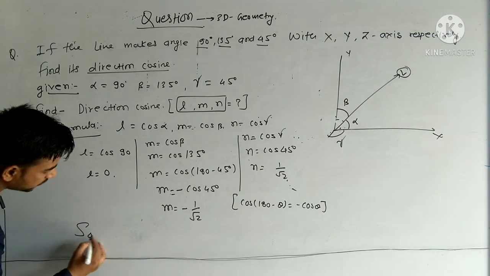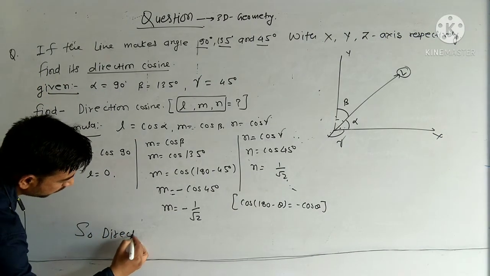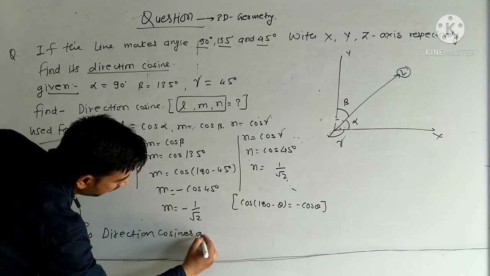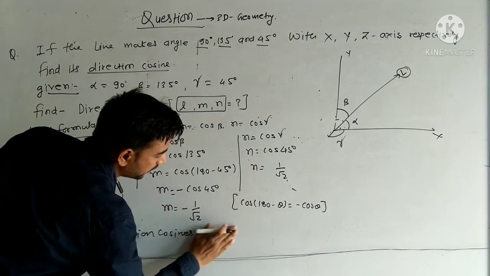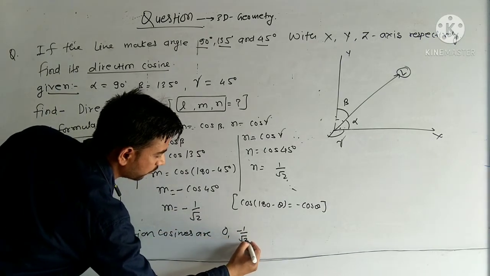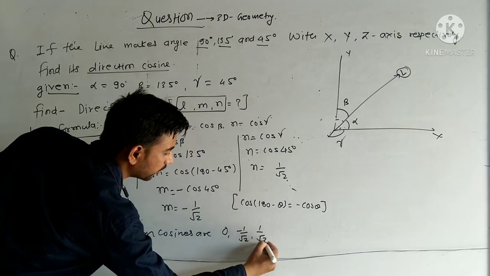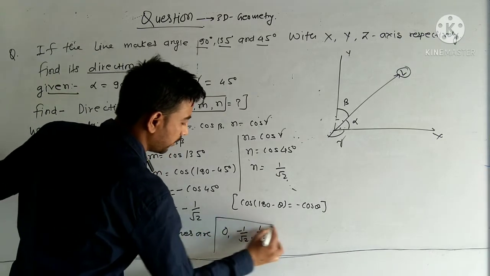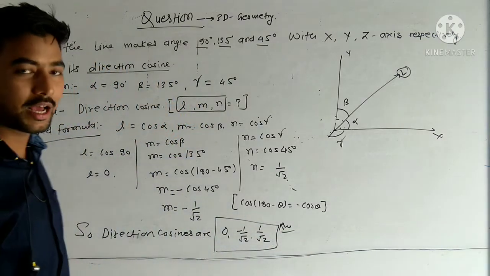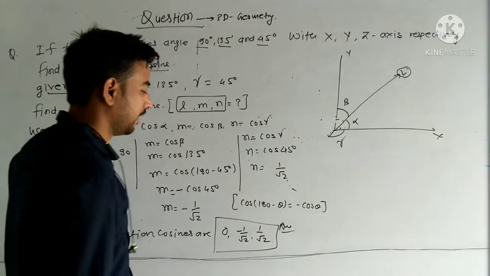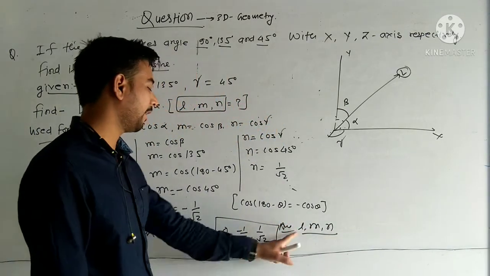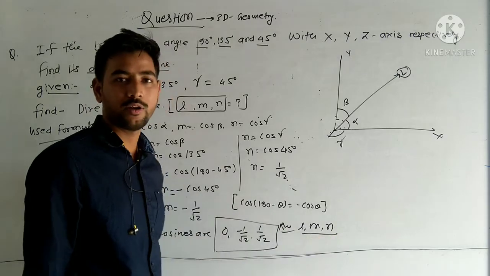So the direction cosines are 0, minus 1 by root 2, and 1 by root 2. This is your answer. And you have to write the direction cosines as a sequence L, M, N.